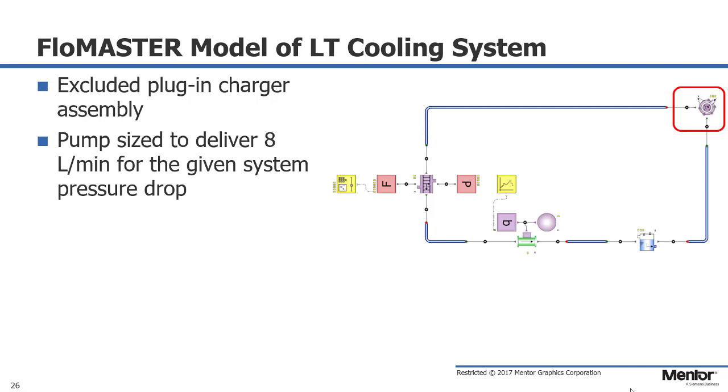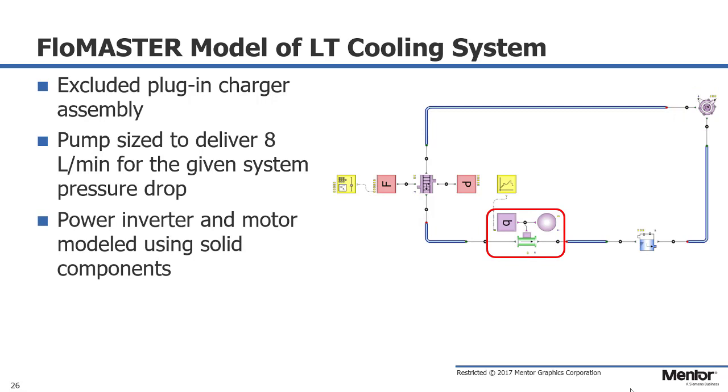We did size the pump to deliver the 8 liters per minute for the given system pressure drop. We did account for the pressure drop of the plug-in charger assembly in the piping. For the power inverter and the motor model, again, we're doing that as a combined set of components using the solids components. In particular, a heat flow rate, a lumped mass for the thermal inertia, and a thermal bridge.